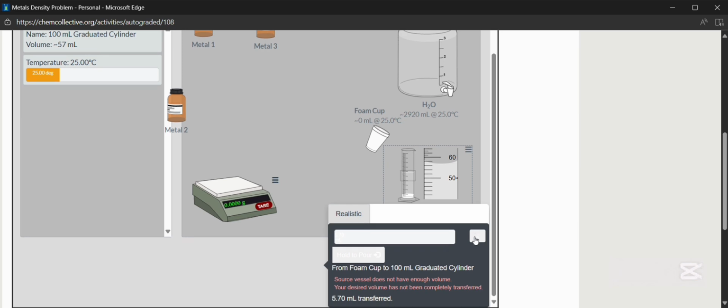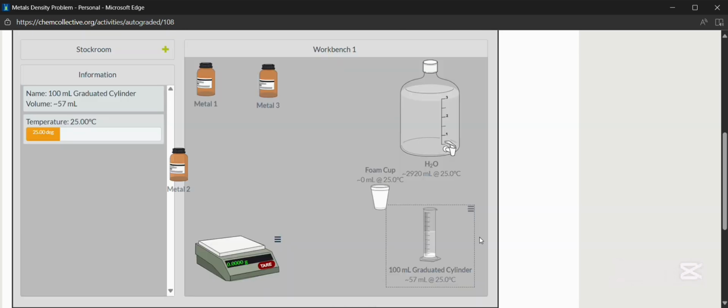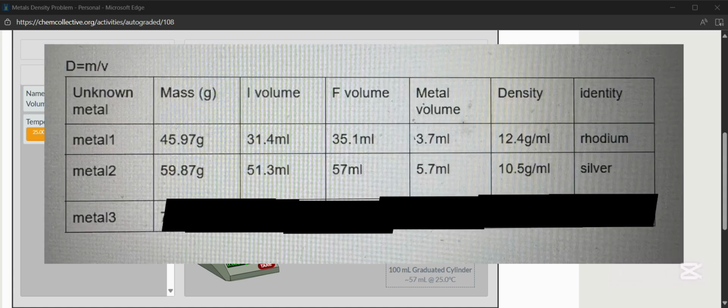So 5.7 was placed. So our final volume is 57 milliliters. So now we could write this data down in our table. We have 59.87 grams, and for our initial volume we have 51.3, and for our final we have 57.